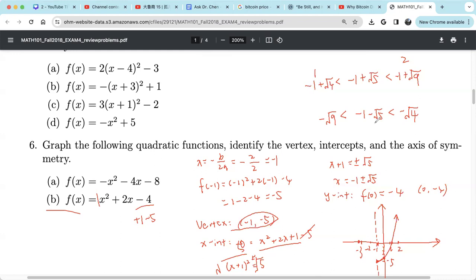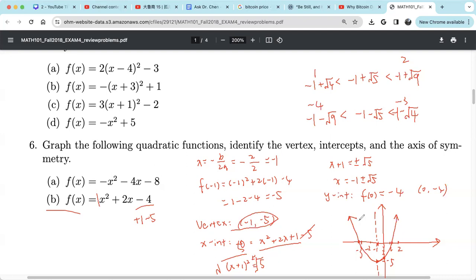Negative radical 5 is bigger than negative 3 but smaller than negative 2, right? Then minus 1 means it's in between negative 3 and negative 4. You see right here, right? But closer to negative 3. So now we can graph.